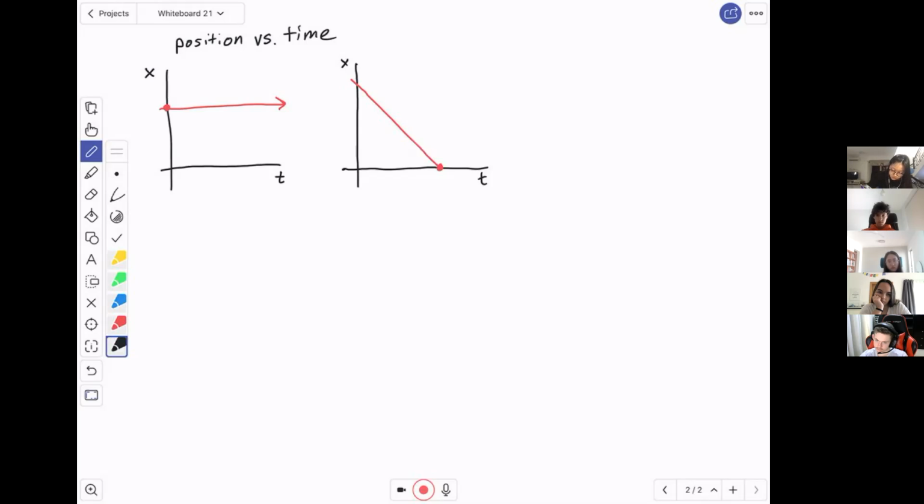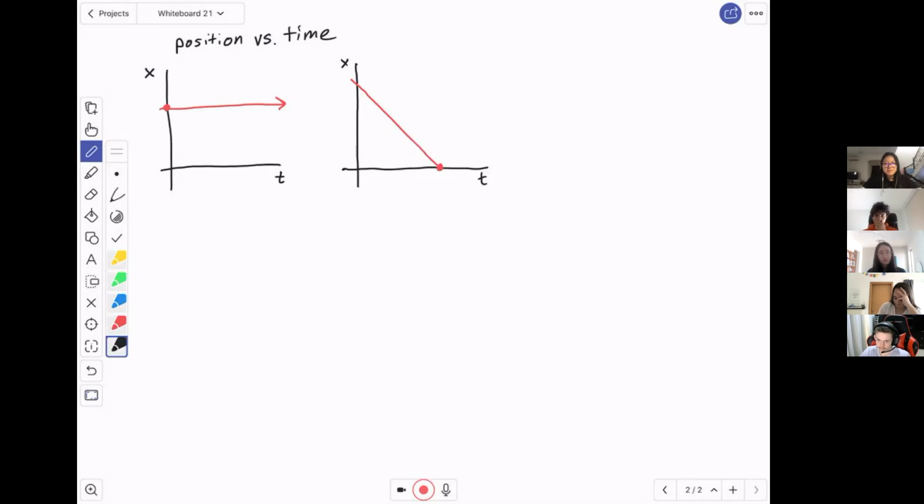All right, what do you think? It's like as time passes, the position of an object is decreasing. Okay, position is decreasing. What else can you tell us? The slope is negative.